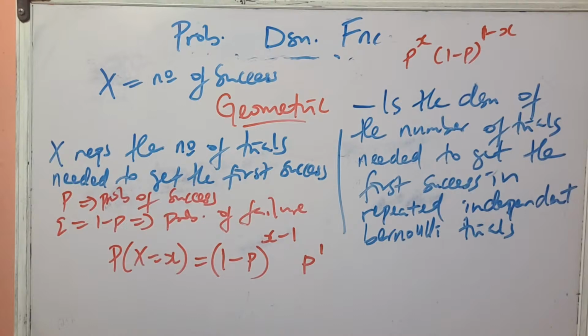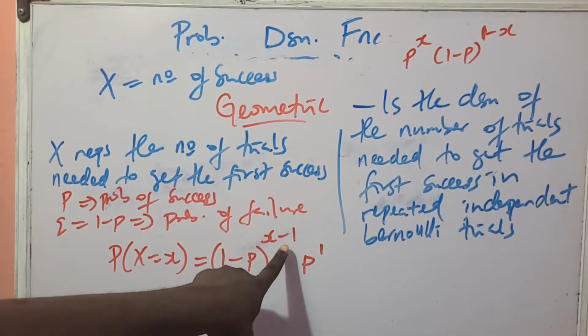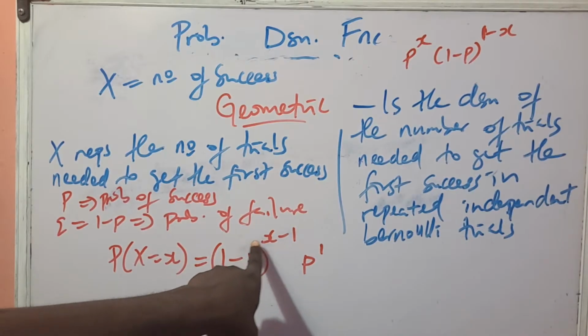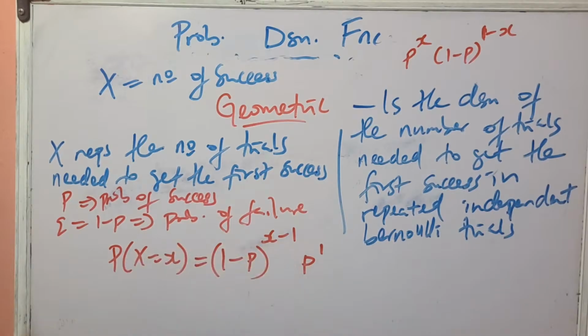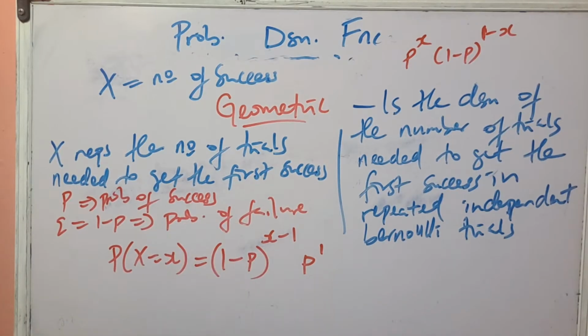Can you guys flow with that? So if it took you 18 trials to get to success, that means 17 trials were failures. You can see that this PMF models it properly. Just subtract 1 from the number of trials it took you to get your first success, and you'll be able to get the number of failures that happened.